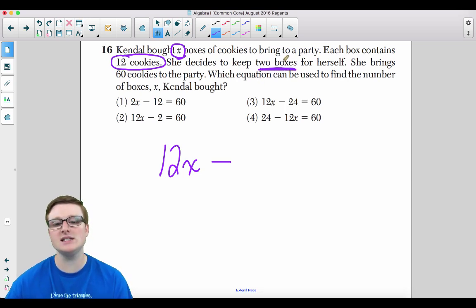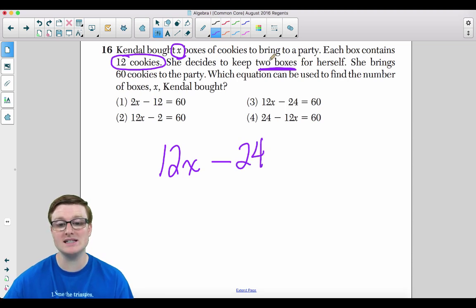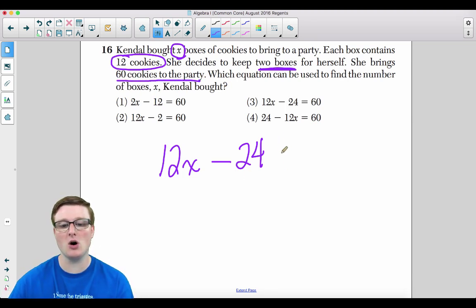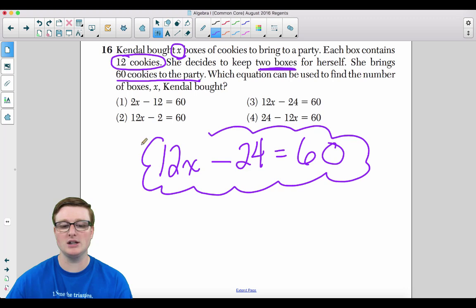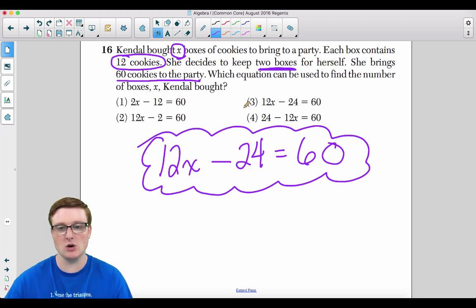Well, if there's 12 cookies in one box, there are 24 cookies in 2 boxes. So that's just 12 plus 12, which is 24 cookies. And she brings 60 cookies to the party. So that's going to be equaling 60. This is used to determine how many boxes she bought in the first place. So the answer for this one is going to be choice 3. Okay? And that's about it.